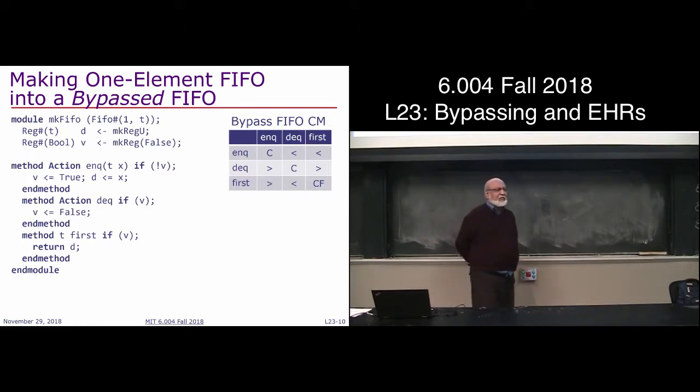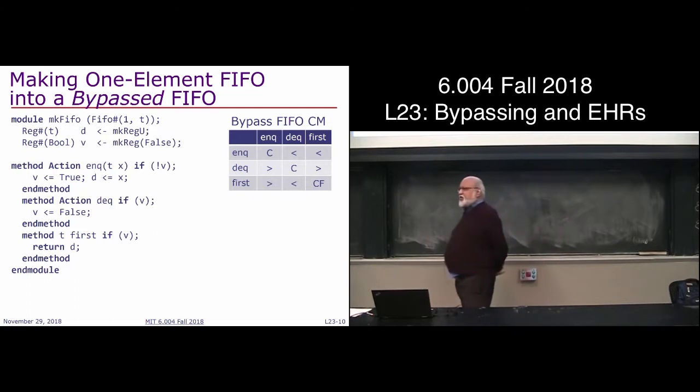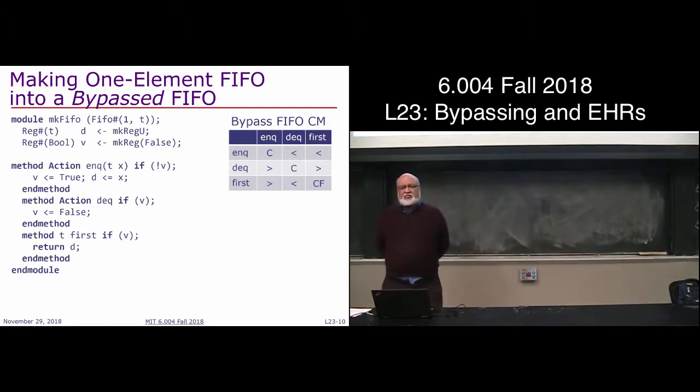So let's now make a bypass FIFO. So bypass FIFO is opposite. We want in bypass FIFO for NQ to happen before DQ, right? That's like saying that I want this value to be communicated here, because if somebody is NQing, then I want to be able to read that value.